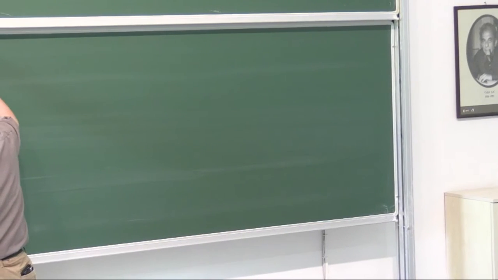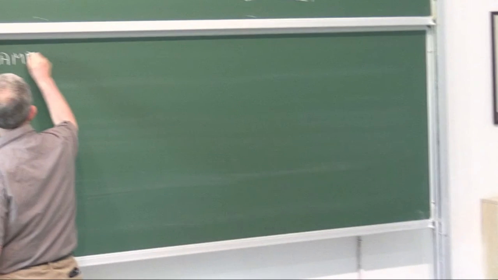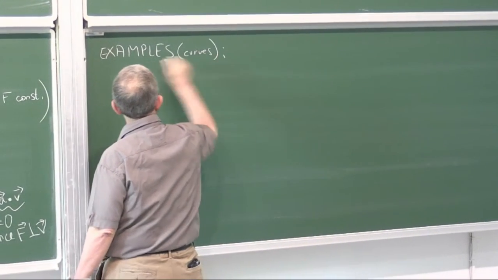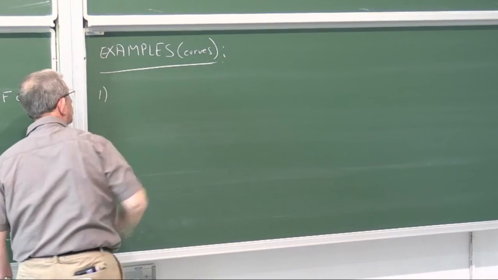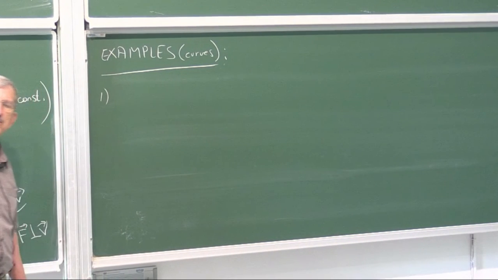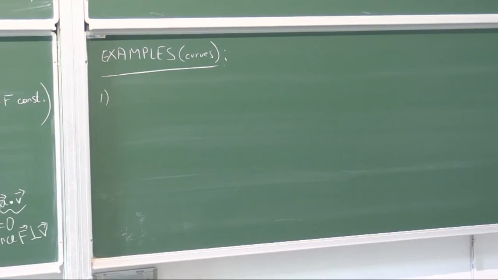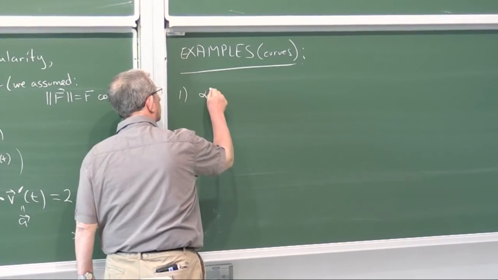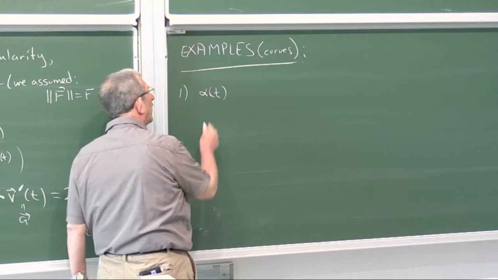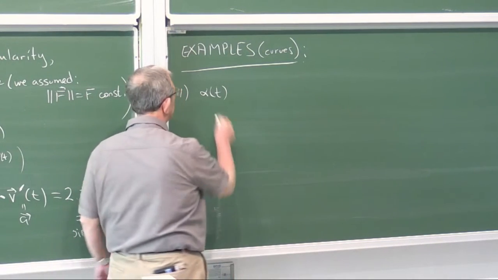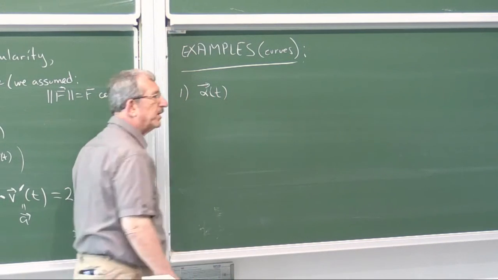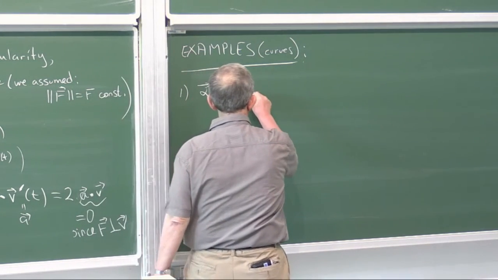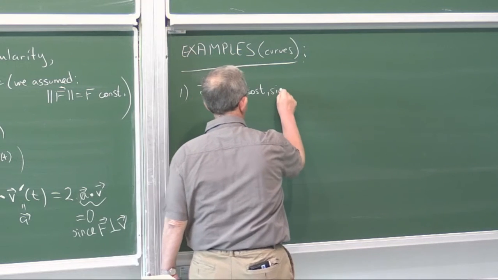Now let us consider some examples of curves. A very standard example is, for instance, the function of one variable. Because the range will be a vector, usually we put an arrow here, but it's not that necessary. Suppose it's cosine t and sine t.